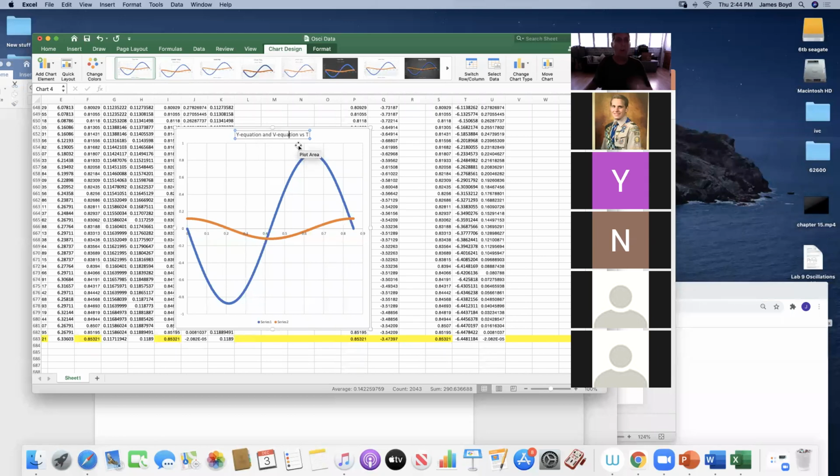Well, we know that when time t is equal to 0, y is at its maximum value, while v is at 0.